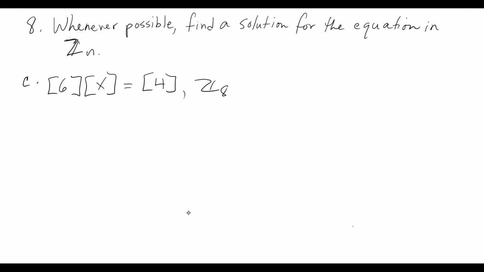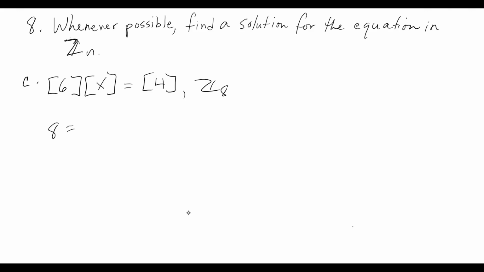We first look at 6 and the modulus 8 to determine what the greatest common divisor is. Just by looking at it, we can see that the greatest common divisor is 2. But let's use the Euclidean algorithm to find that out.